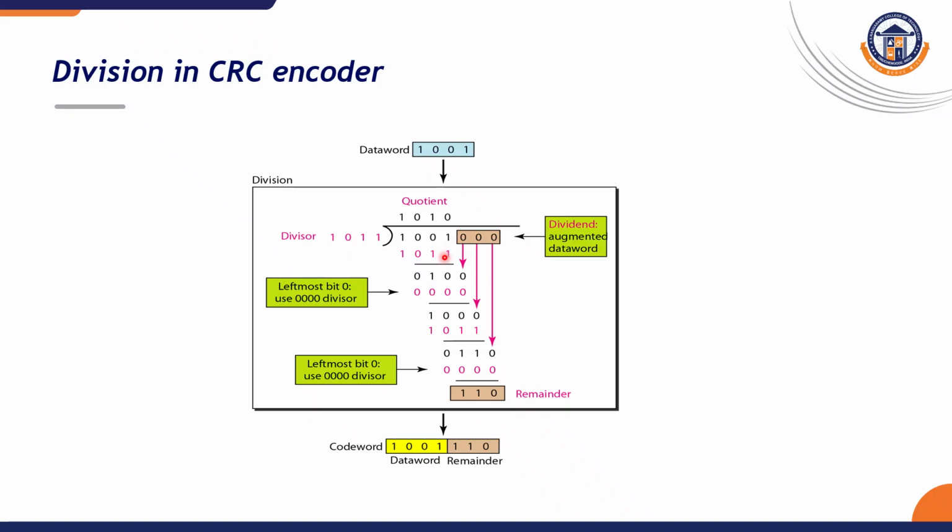We perform the division operation, which is XOR operation. If the leftmost bit is 1, we use the divisor; if the leftmost bit is 0, we use the divisor 0000, and we get the remainder. The remainder, which is the CRC, is appended to the data word as a code word.